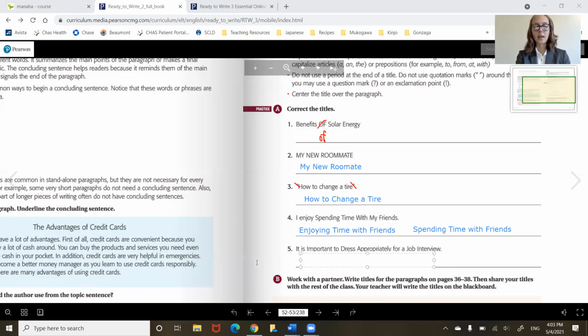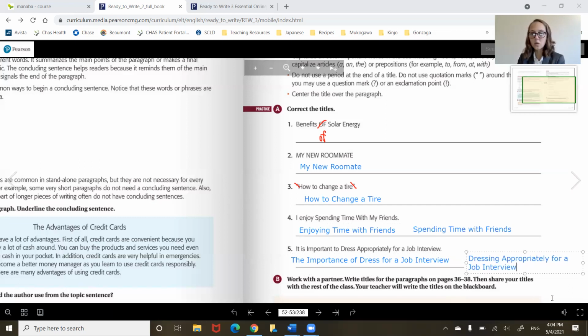So we could say something like the importance of dress for a job interview, or we could do something like dressing appropriately for a job interview.